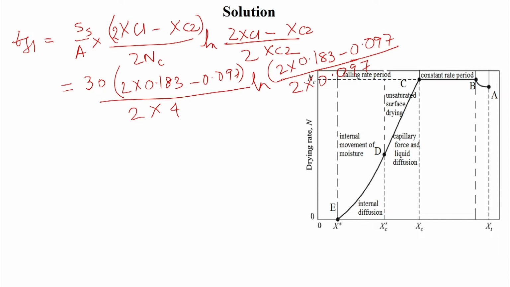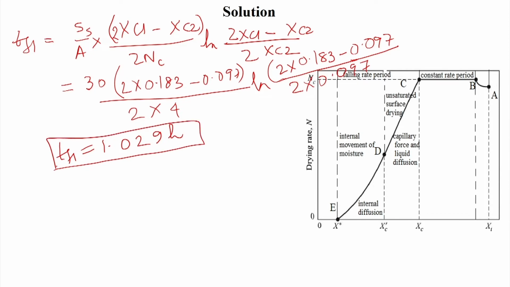So, it is coming out as 1.029 hour. So, the first falling rate time is 1.029 hour. Okay.